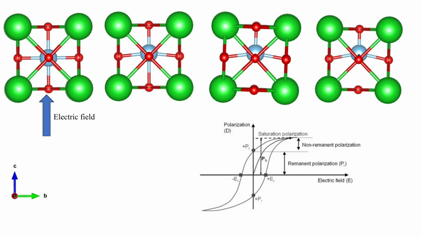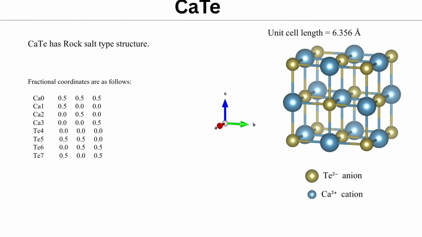When you remove the field, it doesn't go back to zero. It retains a polarization. You need to apply a field in the opposite direction, called the coercive field, to bring it to zero. This memory of polarization is what makes these materials useful for memory devices, like those found in some perovskites and other complex structures.